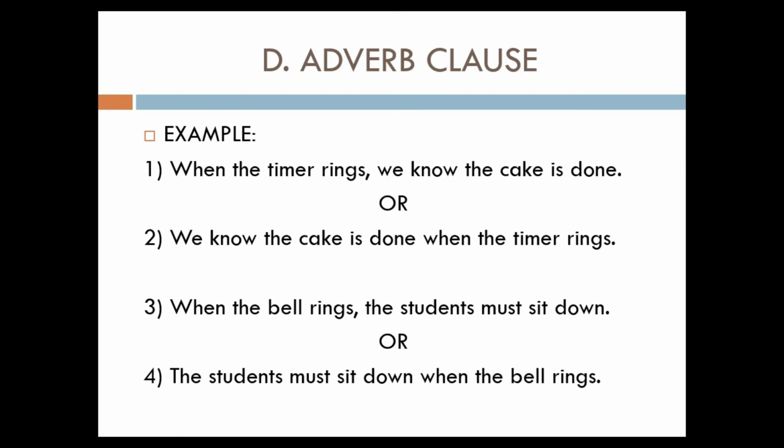If we delete the comma, we have to combine them together, so there is a conjunction between the first part and the second part. The first part, we know the cake is done, and then there is a conjunction, and then when the timer rings.